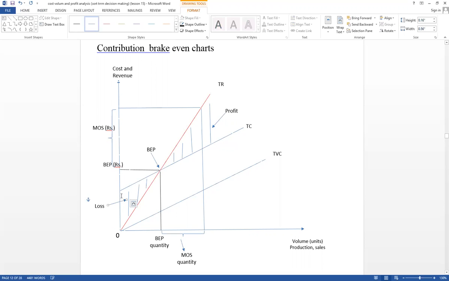Therefore, profit and loss also you have to disclose. Think about beyond the BP margin of safety quantity and beyond the BP value, that is a margin of safety value. And total fixed cost line is not available here.